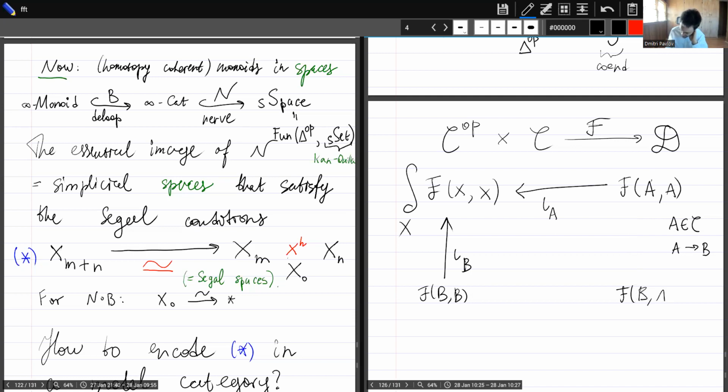F(B, A) maps into F(A, A), and it also maps into F(B, B). This square must commute. And the universal property tells you that for any other such system of maps, iota prime, you will have a unique map from the coend to the other apex.